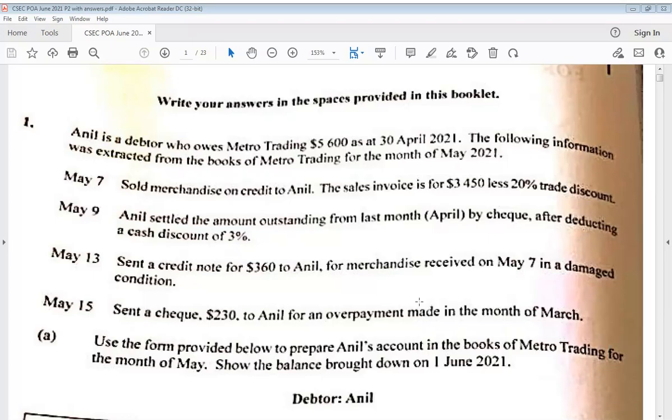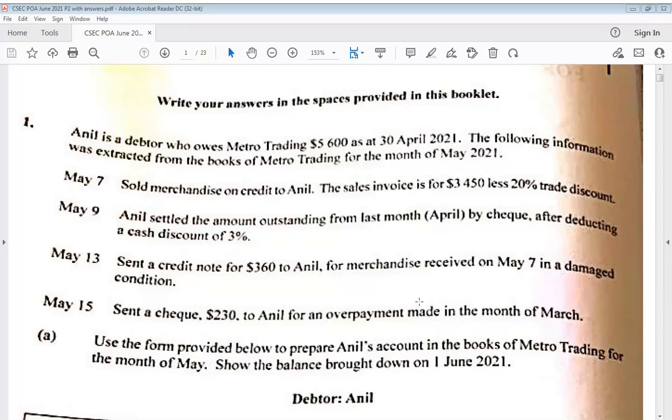So we are going to write up the debtors account of Anil. On May 7th, we noticed that sold merchandise on credit. We noticed that this was an actual increase in value on Anil's part. And what he said was he got a discount of 20%. So we would find 20% of $3,450, and this gives us $690.